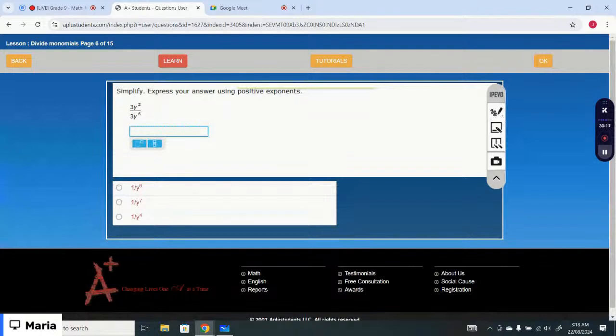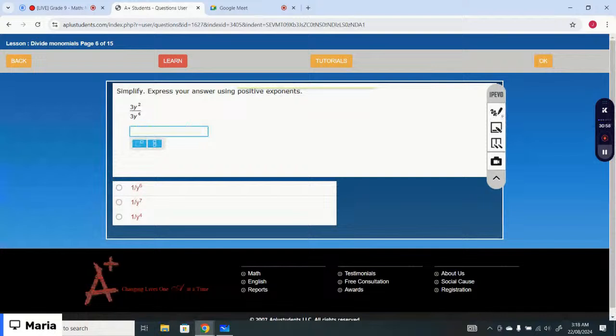So which is the correct option? Yes, the correct option is 1 divided by y 4.